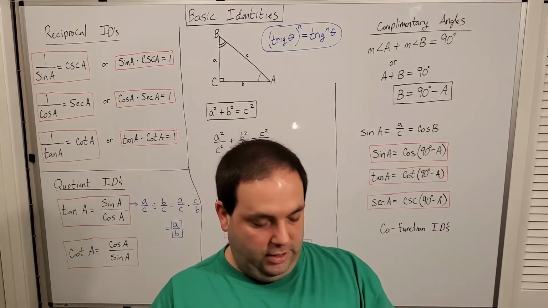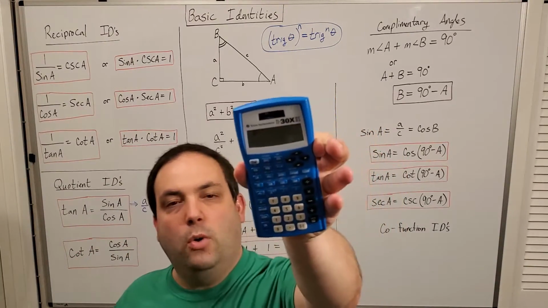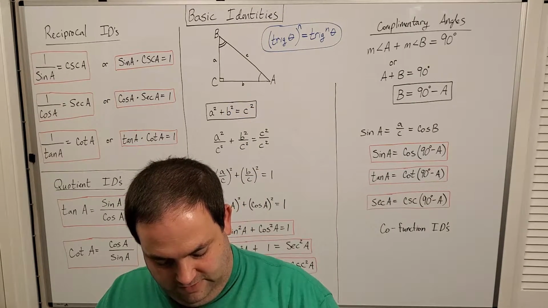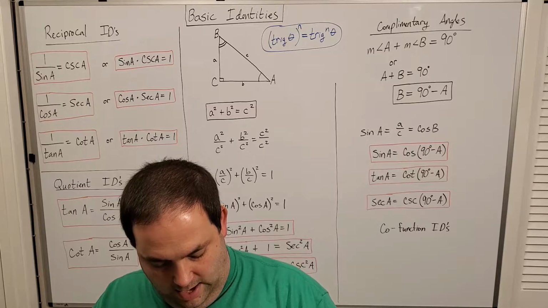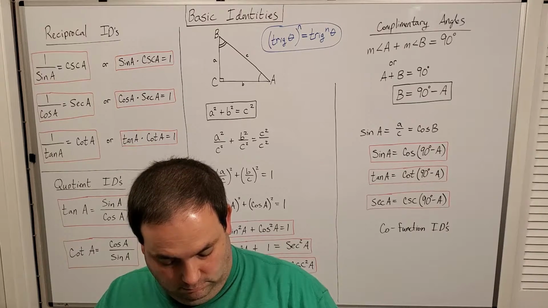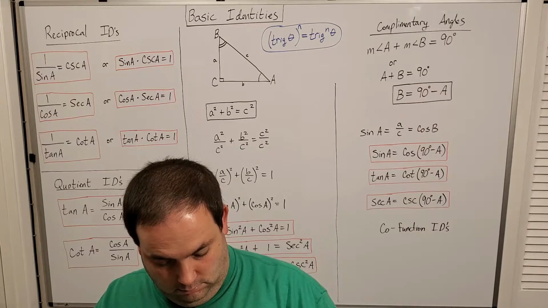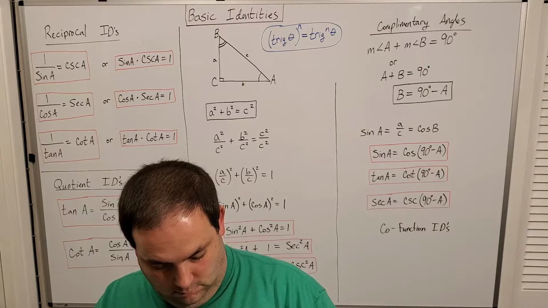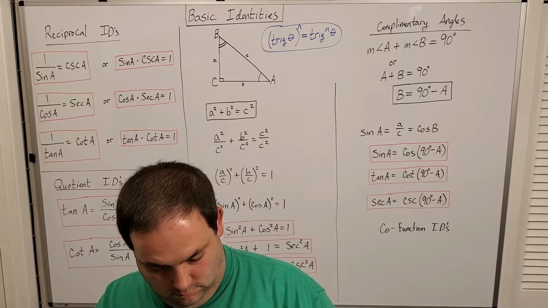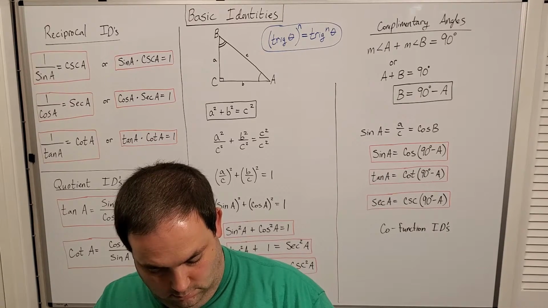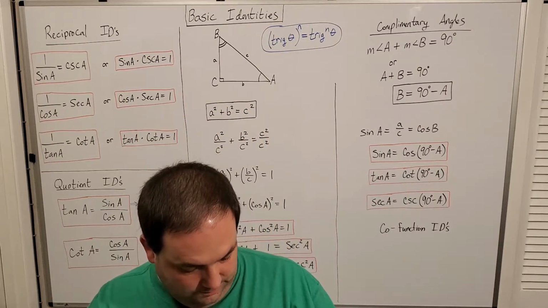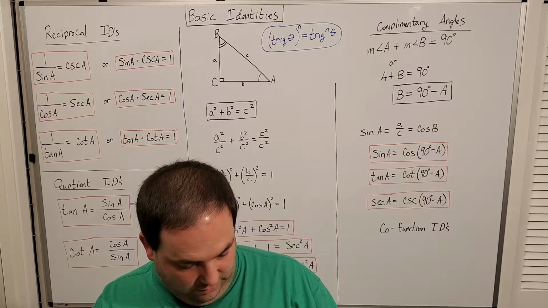So in my calculator here, I'm going to punch up the sine of 57 degrees, and I'm going to square it. Right? Sine 57 degrees squared plus the cosine of 57 degrees squared.